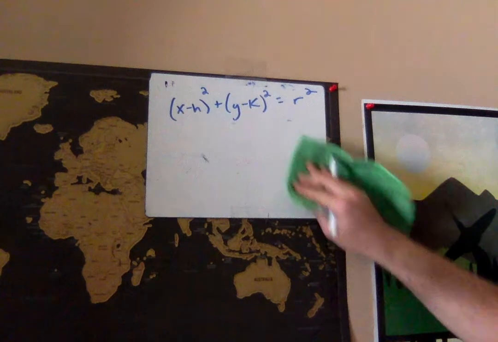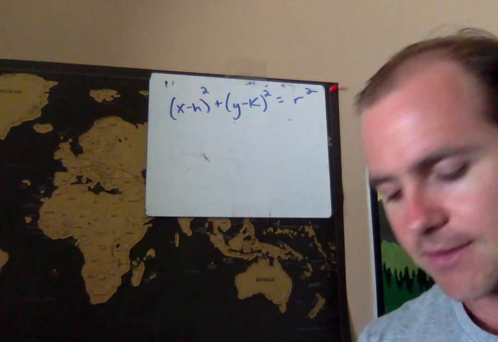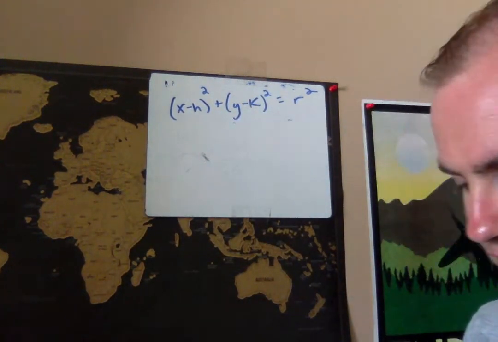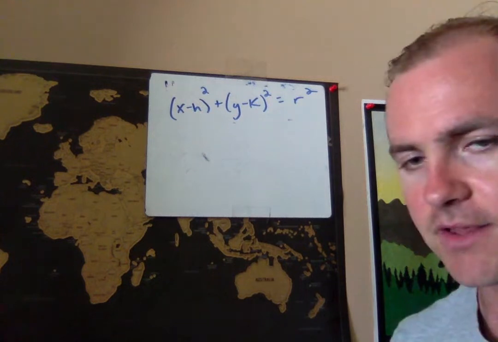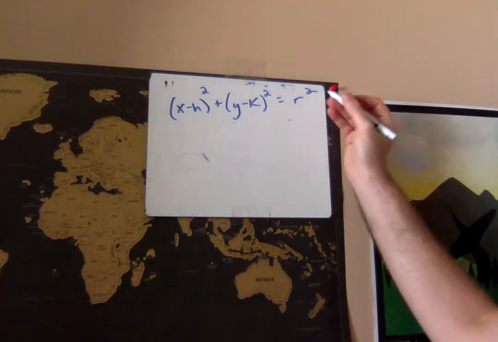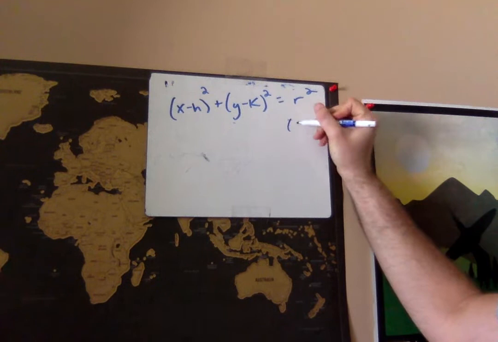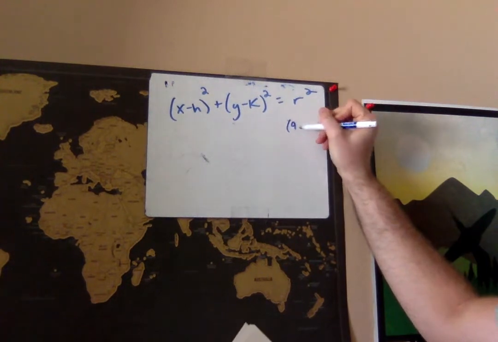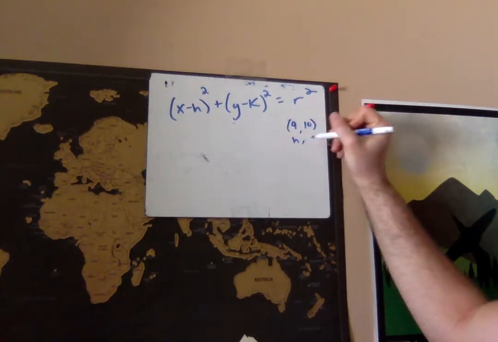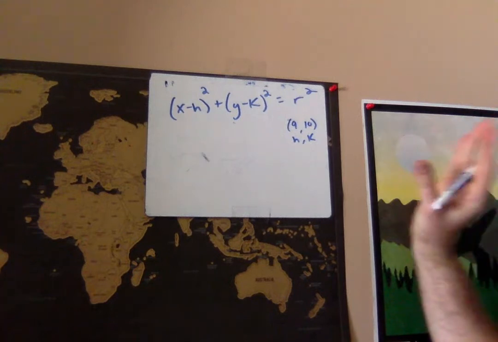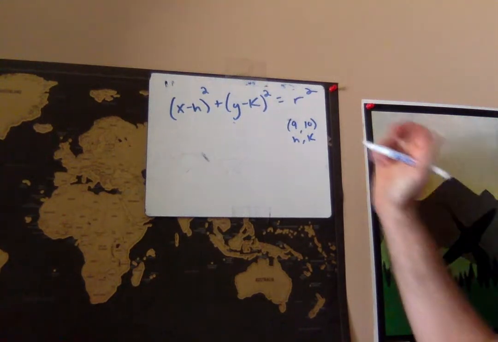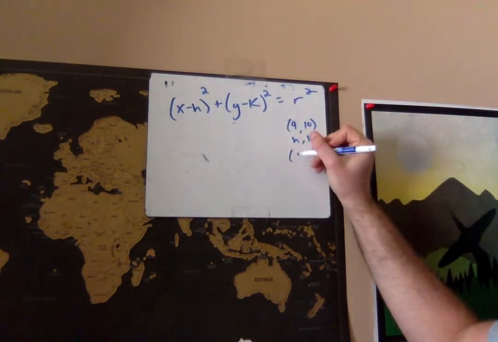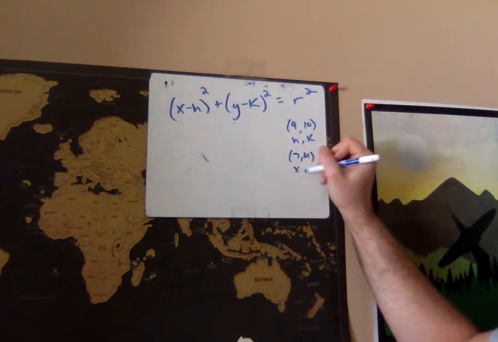Question number 8 gives us a center, 9 comma 10, and they give us a point on the circle, 7 comma 4. Now before we actually plug in, I want you to notice something. The 9 comma 10, that's my h comma k, so I just want to keep that in mind. That's my center. And 7 comma 4, does everybody agree with me that's an x comma y?